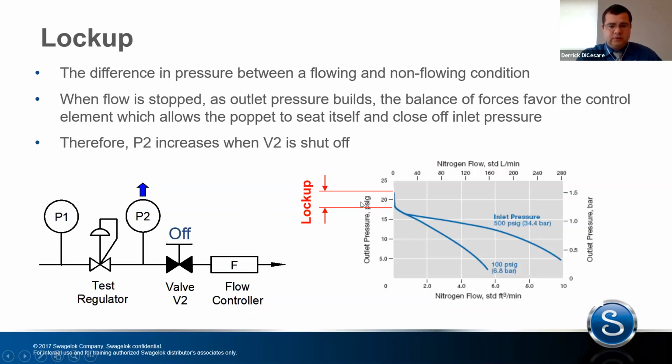So we have to be aware of that. In the event that this gauge was a 0 to 30 PSI, and let's say that we're running at 28, as we shut this off, there's a potential that this gauge ends up being pegged. So we've got to make sure that some of our other components are sized appropriately, or there's a consideration to handle that pressure increase.